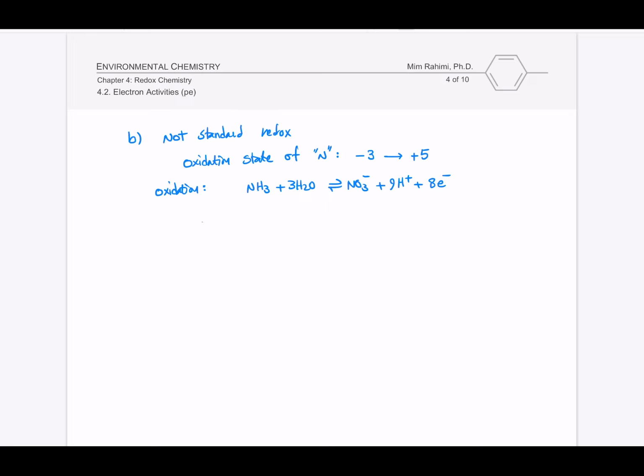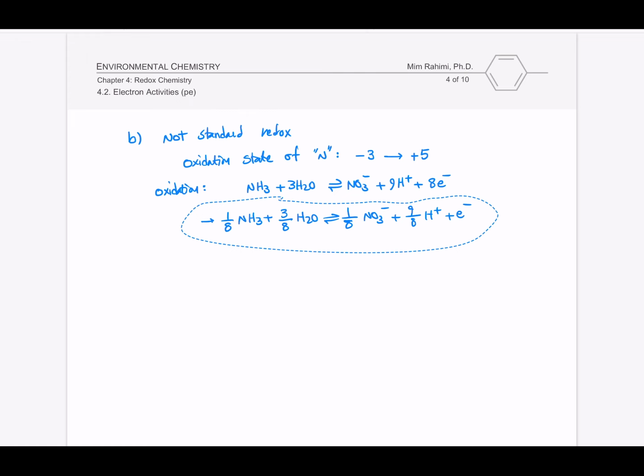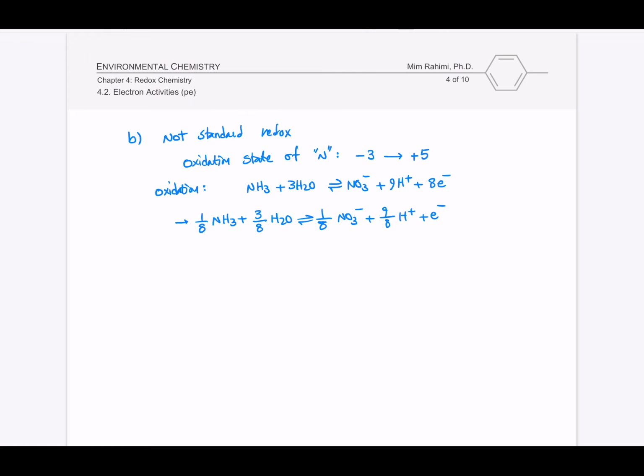So this would be 1/8 of ammonia plus 3/8 of water, giving us 1/8 of nitrate plus 9/8 of proton plus electron. And now for this reaction, we have the K value, which is basically E0 of ammonia nitrate.